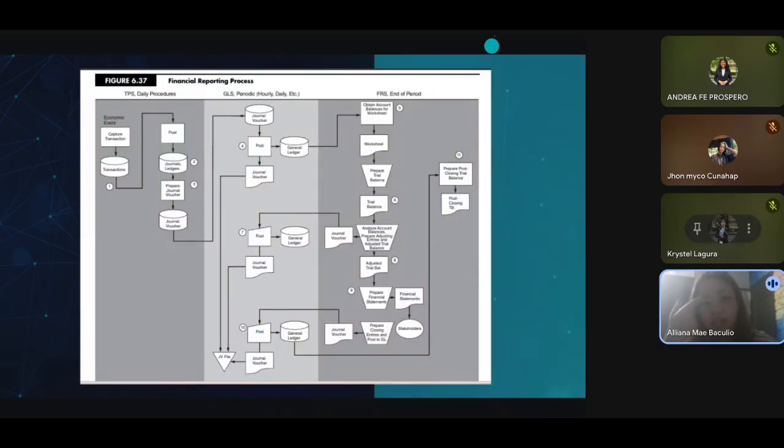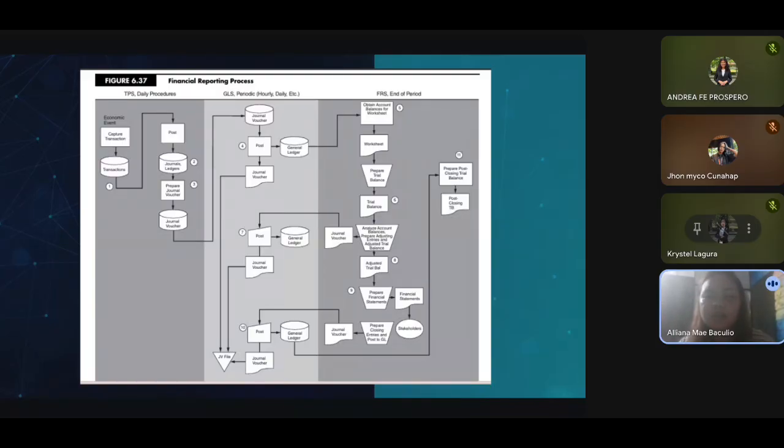So here you can see in the figure the financial reporting process, wherein from transaction processing, transactions are recorded, then posted to the general ledger, then from the general ledger financial statement reports are created to be used by either external users or internal users.